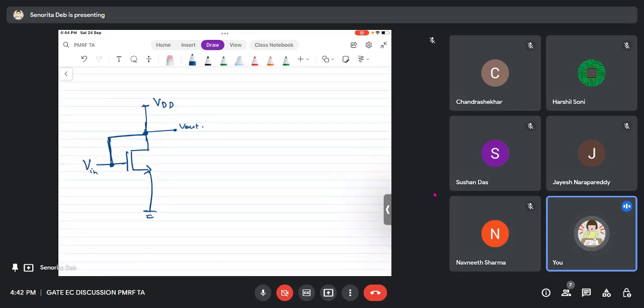So what will be the small signal? Everything will be the same except that there will be one short connection from here to here, right? So let me draw.